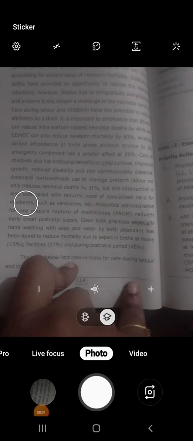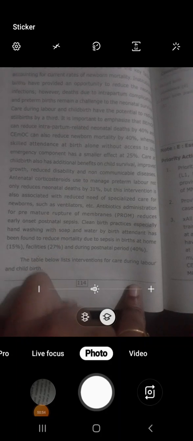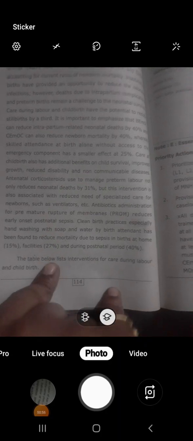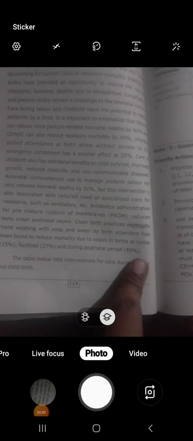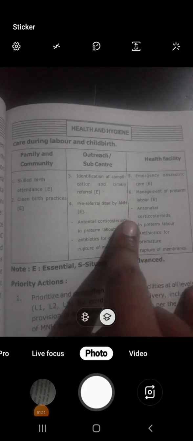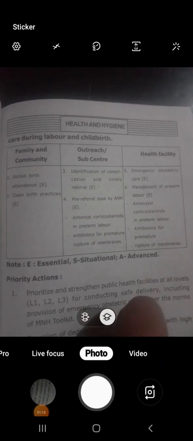Reductions are 15% in births at home, 27% in facilities, and 40% in the post-natal period. Here is the table: skilled birth attendants, clean birth practices, identification of complications and timely referral, pre-referral dose, emergency obstetrics, and management of maternal complications.